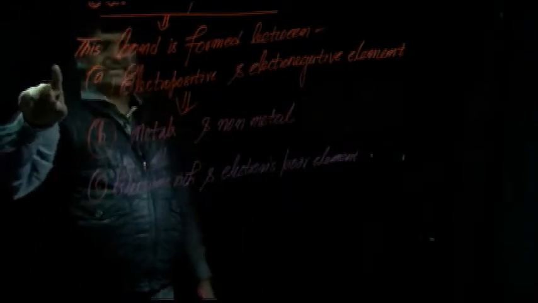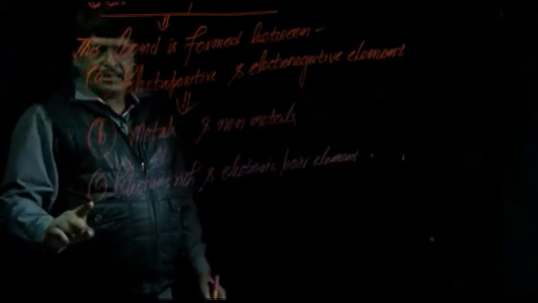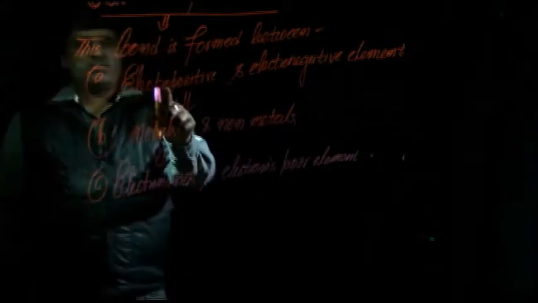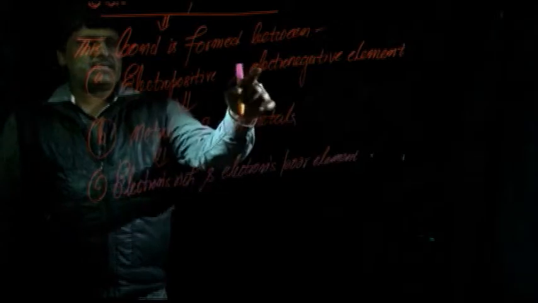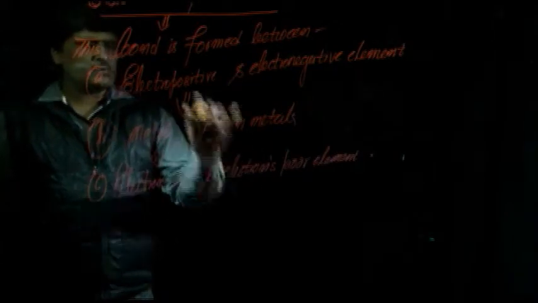Remember, this particular bond, electrovalent or ionic bond, is formed between electropositive and electronegative elements, metals and non-metals, electron rich and electron poor. Remember, every electropositive element is a metal, every electronegative element is a non-metal, and metals are supposed to be electron rich, non-metals are supposed to be electron poor.